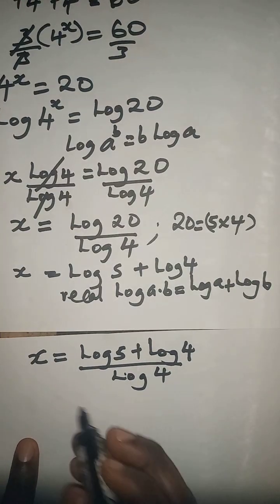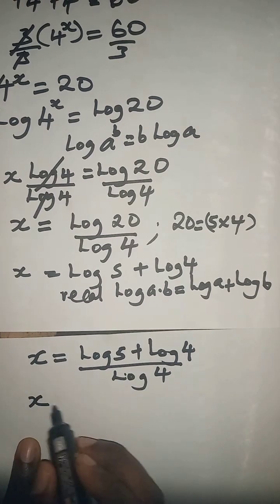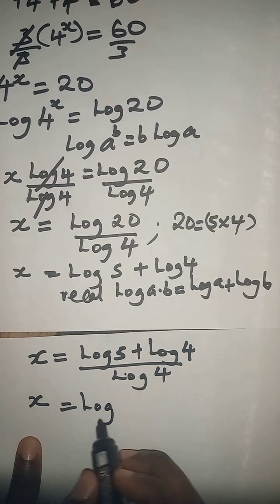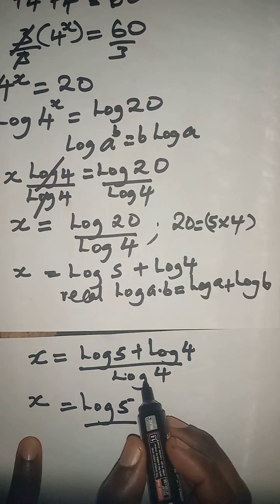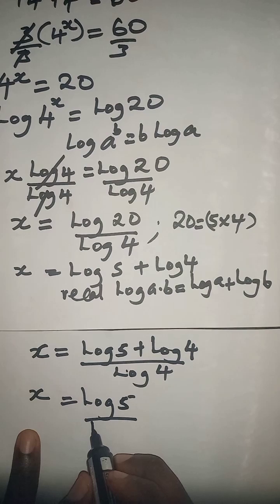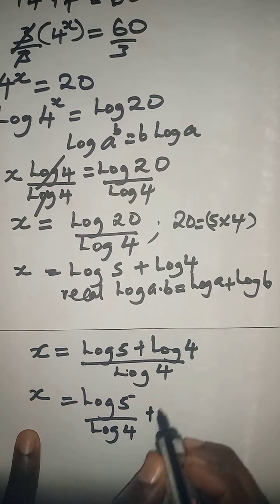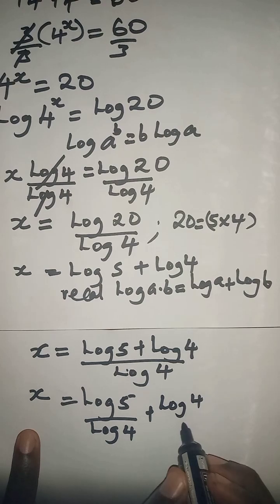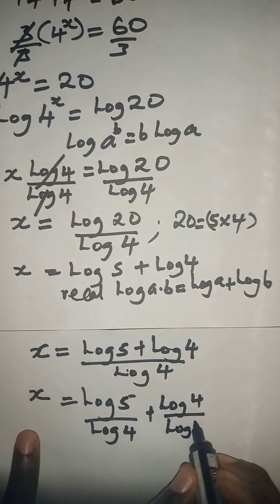Since the denominator is log 4, I'm going to separate it like that: the log of 5 divided by the log of 4, plus the log of 4 divided by the log of 4.